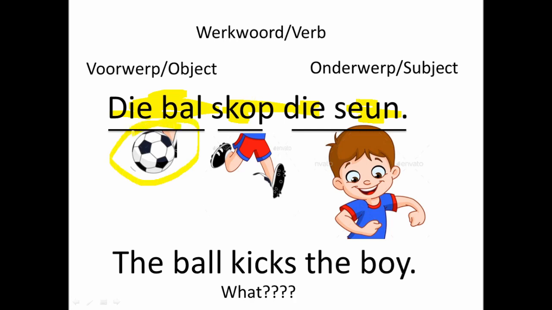Can a ball kick a boy? No, of course not. So we need to fix it so that it sounds right. And Lydende vorm rules are going to help you to fix it so that it will sound the way we intend for the sentence to sound. Which is what we want to say: the ball is being kicked by the boy.